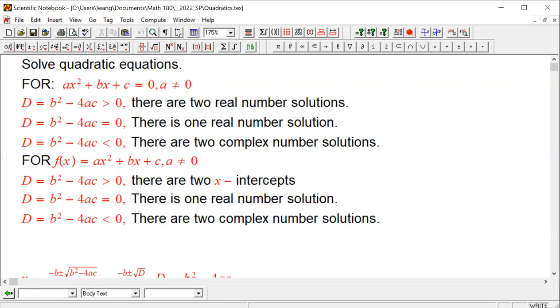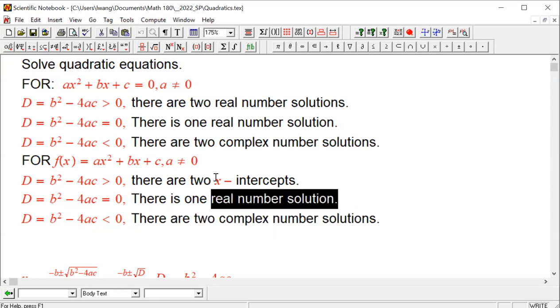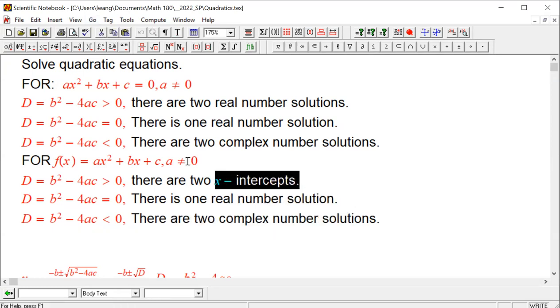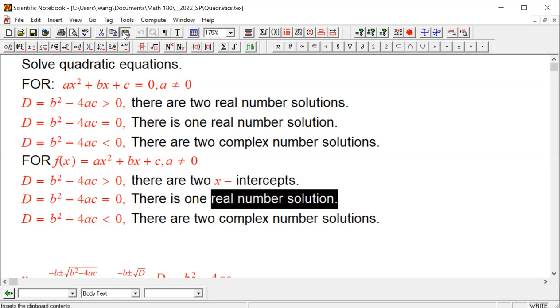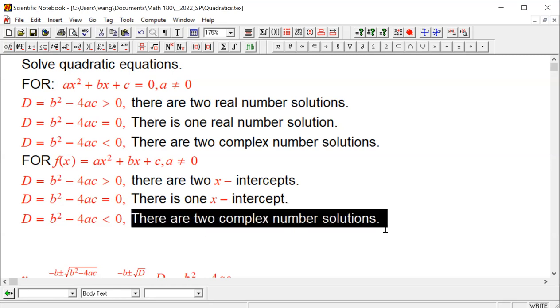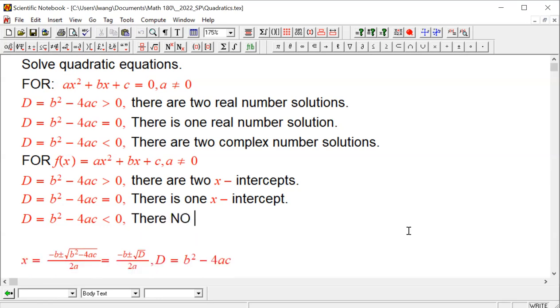In the second case, there's one X-intercept, so singular. And in the last case, there's no X-intercept.